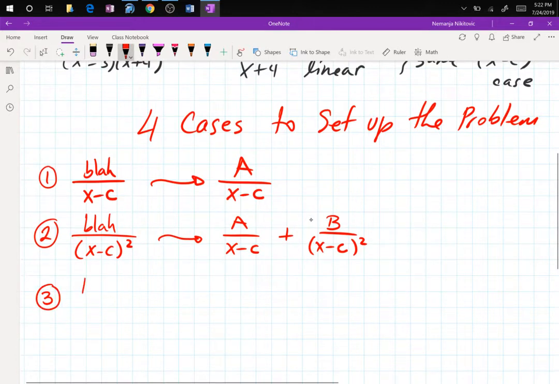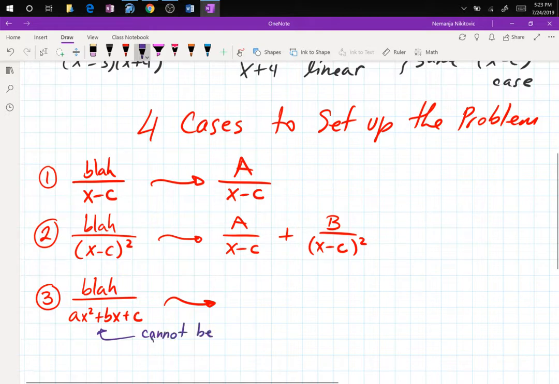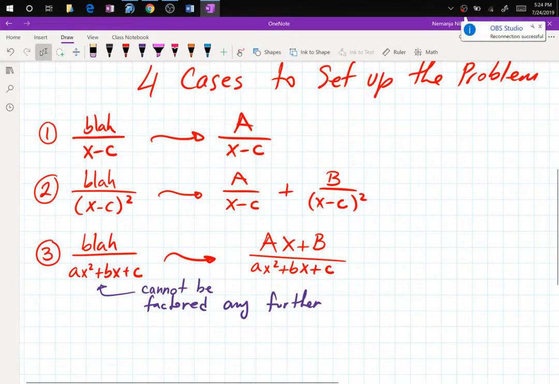Third case, if you have something divided by ax squared plus bx plus c, and it's very important for you to say that this cannot be factored any further. So you cannot factor this into linears. If you can, then it's the previous case, right? We have Ax plus B divided by ax squared plus bx plus c.